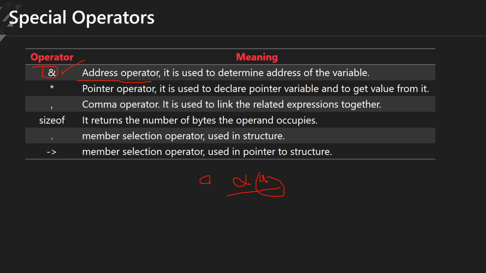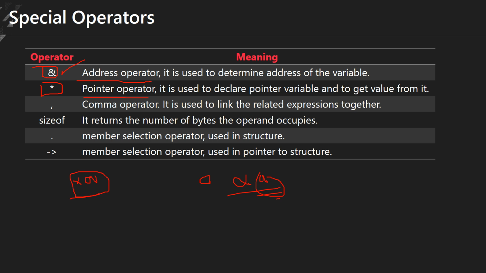The star is the pointer operator. While studying structures and pointers you will get to know this operator. *a means a pointer to the variable a.